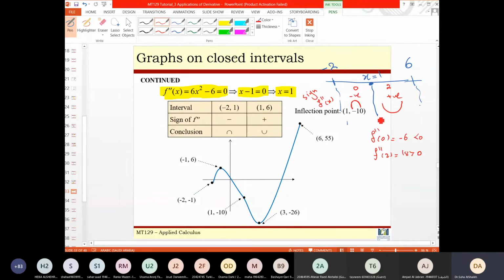This means the point x equal 1 is an inflection point. Of course for x equal 1 I need its y. I need to get the y that comes with this one, and the y that comes with it is equal to -10.